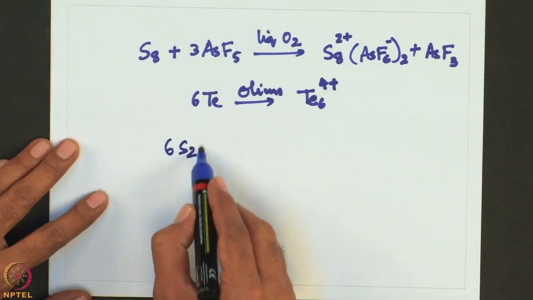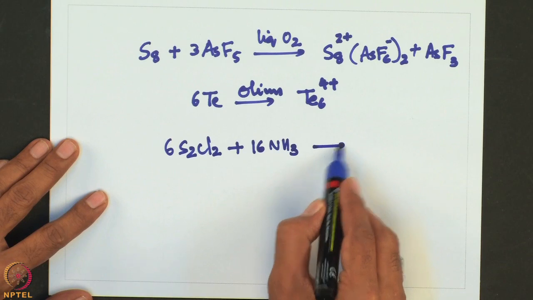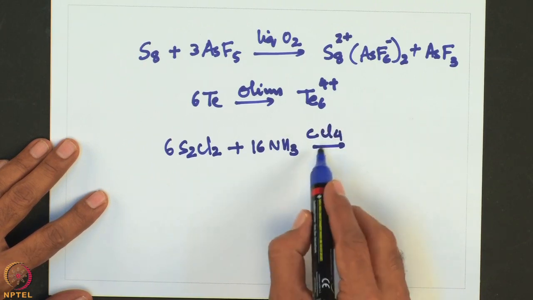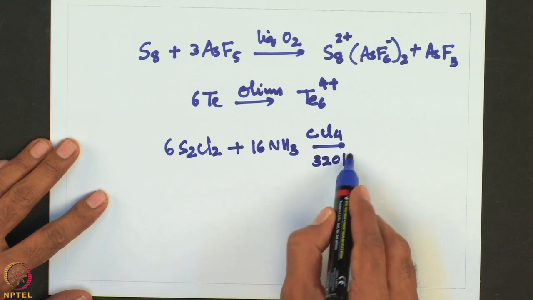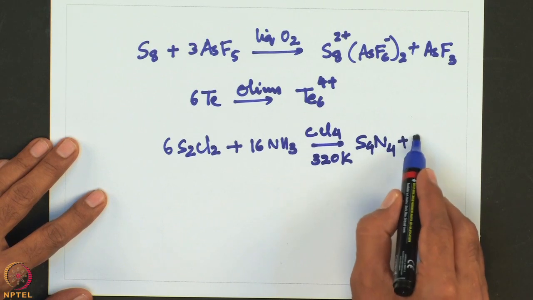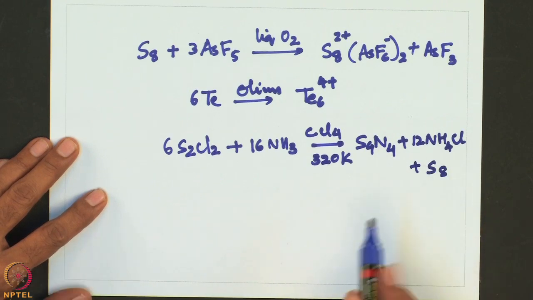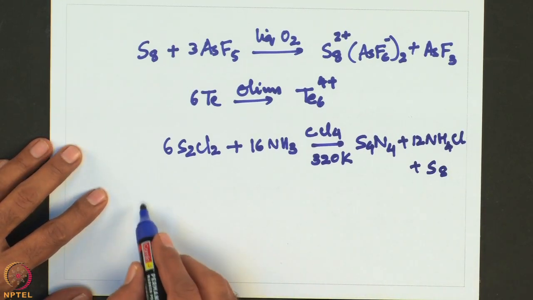Tetrasulfur tetranitride, one of the important sulfur nitrogen compounds, that is S4N4, can be readily prepared by treating S2Cl2 with ammonia. So, one can also prepare it starting from this reagent.